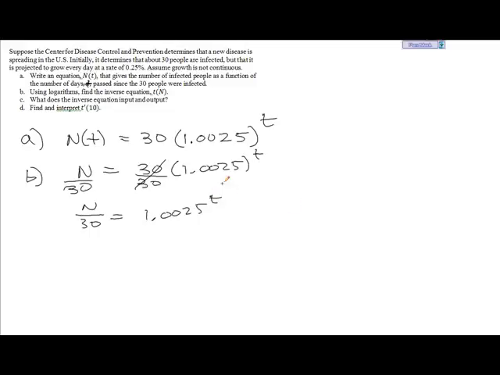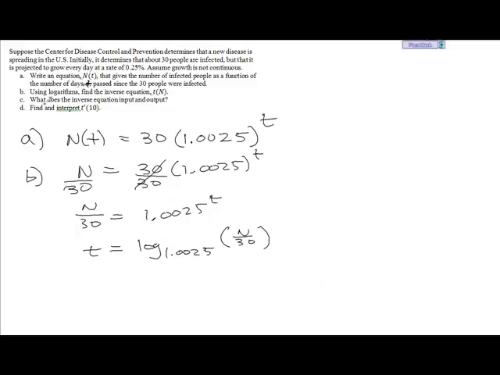Now I'm going to get the exponent down, so I'm going to say t is the exponent on 1.0025 to give me n over 30, by the definition of what a logarithm is. t is the exponent, i.e. the logarithm, on 1.0025 to get n over 30 over here on the left-hand side.